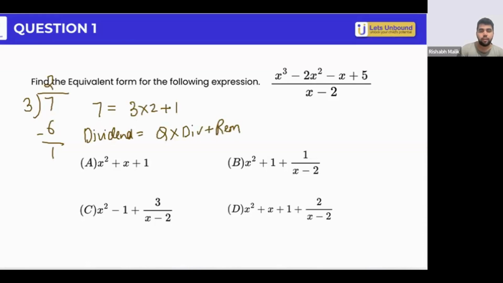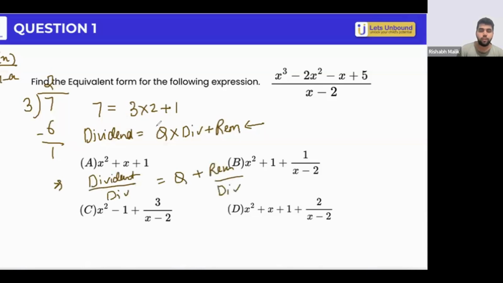If I'm having this f(x) over x minus a kind of a thing, so f(x) is my dividend and x minus a is my divisor. Now, if I divide this entire equation with the divisor, I'll be having something like dividend over divisor equals quotient plus remainder over divisor.